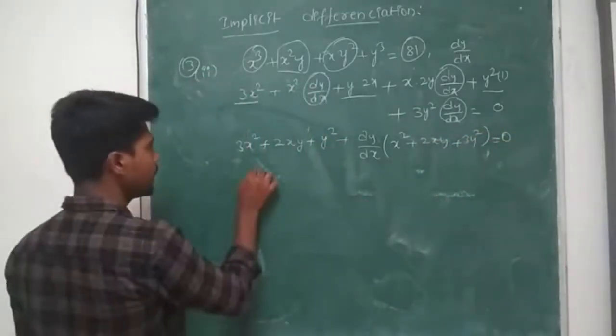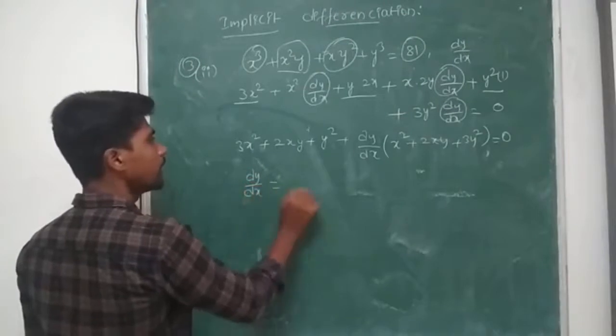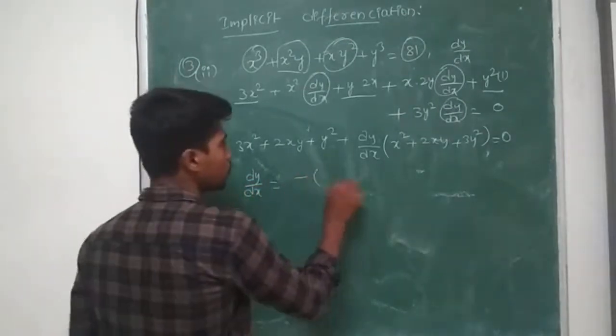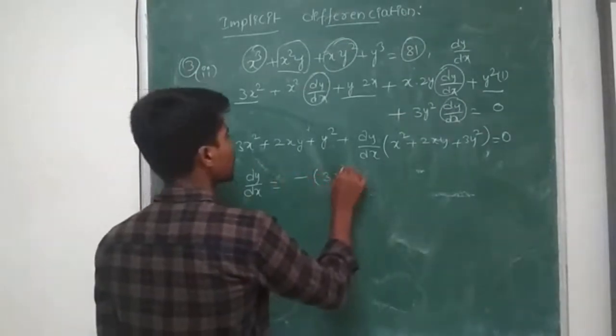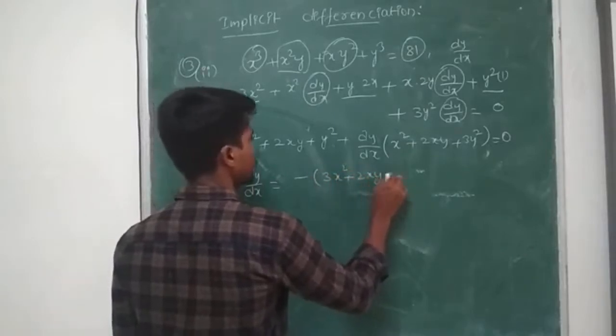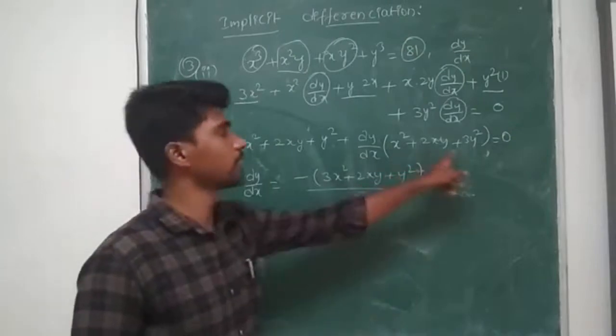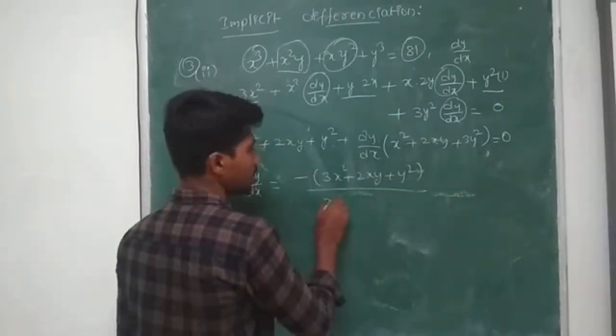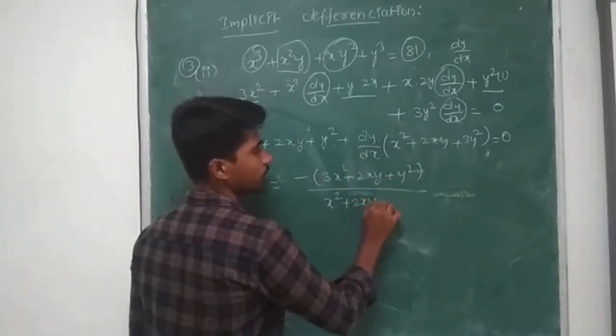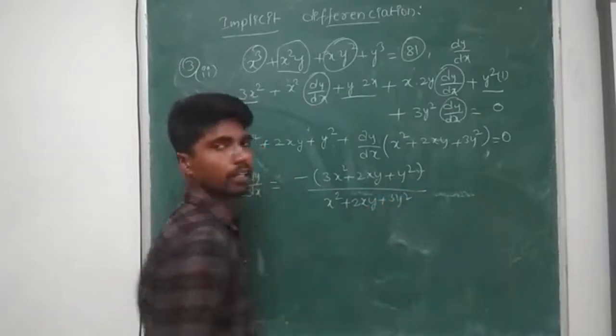Now I want dy by dx. So dy by dx is equal to minus of 3x square plus 2xy plus y square, whole divided by x square plus 2xy plus 3y square, since that part is multiplying.